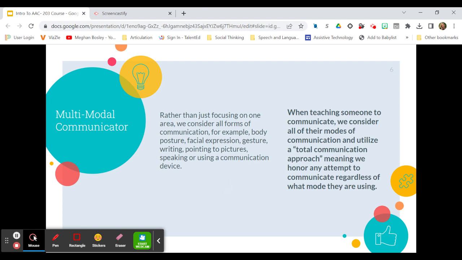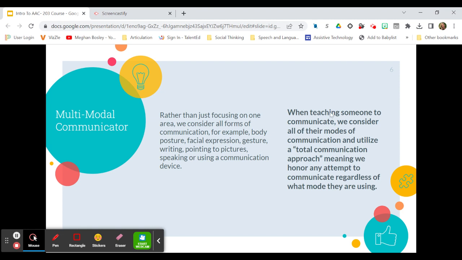So I just want you to think about how many different modes of communication you'd use as a verbal communicator, or in addition to your verbal communication, every day. As I'm sitting here just talking, I'm using my hands, I'm using facial expressions, all those things. So a lot of times our AAC users don't just use one mode. They most likely are a multimodal communicator.